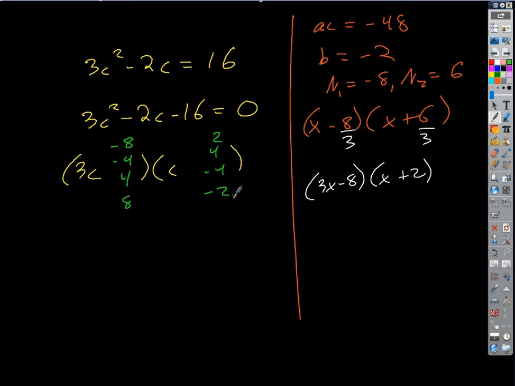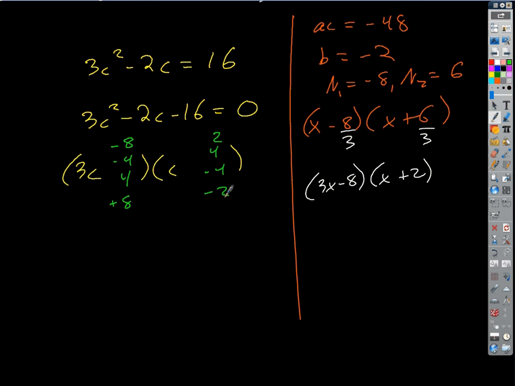Do any of those give us the right cross terms? Let's see, those work, don't they? If I did 3c plus 8 and c minus 2, if I were to FOIL that out, doesn't that work? Actually, these are the ones that work, aren't they? Right here.